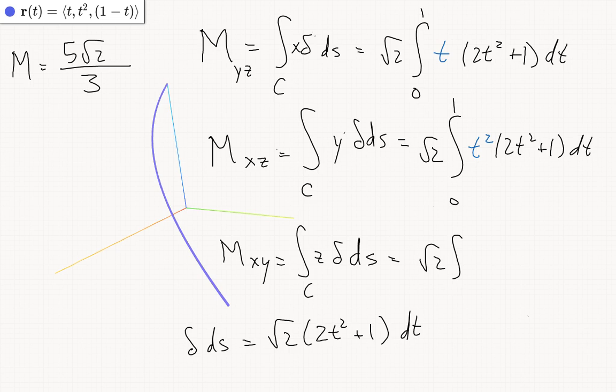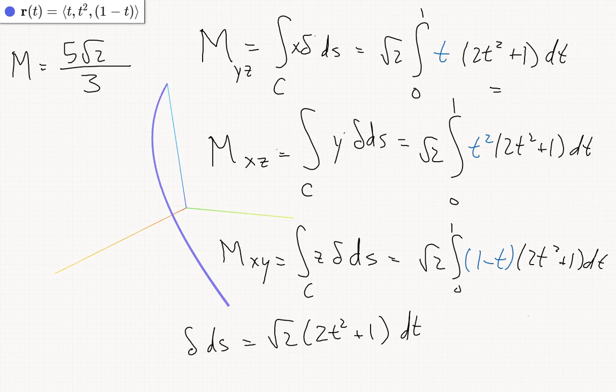And this will be root 2 integral 0 to 1 of 1 minus t times 2t squared plus 1 dt. Okay, so now these are all integrals of polynomial functions. We know how to evaluate this, so I'm just going to plug these into Wolfram Alpha and record the results.